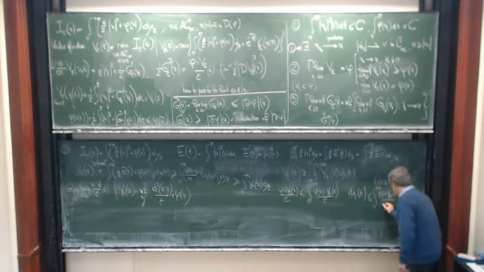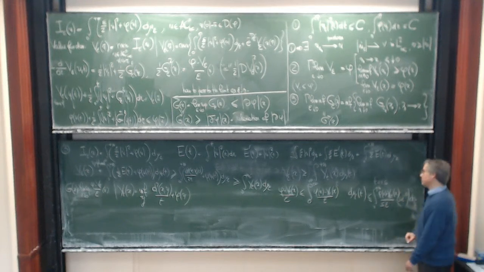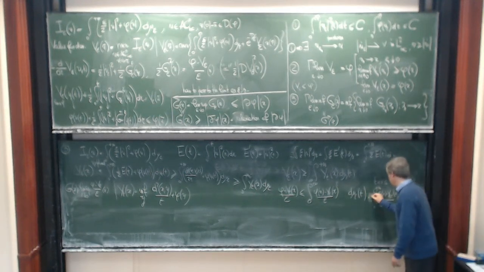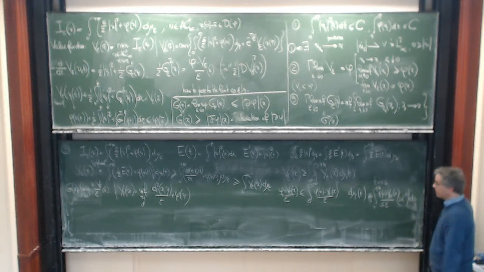So you divide by s, multiply by s, and this is an identity, in fact. Okay? Now you can pass to the limit.